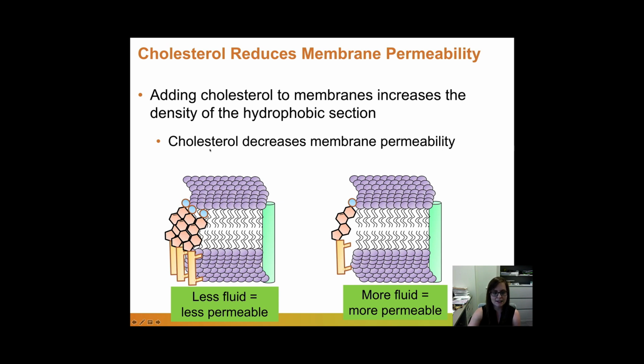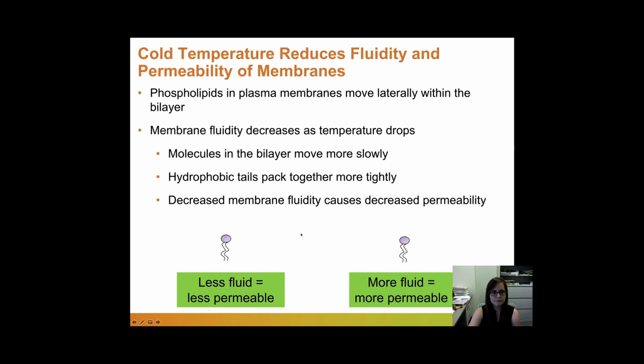And because of this, cholesterol decreases plasma membrane permeability, compared to this membrane here, which only has a little bit of cholesterol, so less hydrophobic interactions, or less density in the hydrophobic section. So this membrane here with a lot of cholesterol would be less fluid and less permeable, and this one with a little bit of cholesterol, more fluid, more permeable.